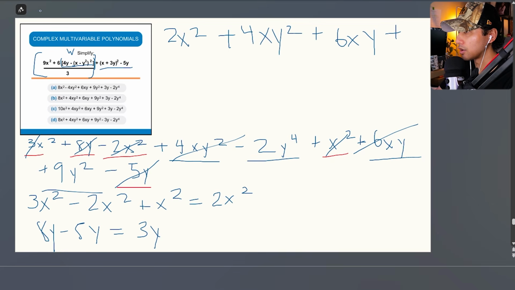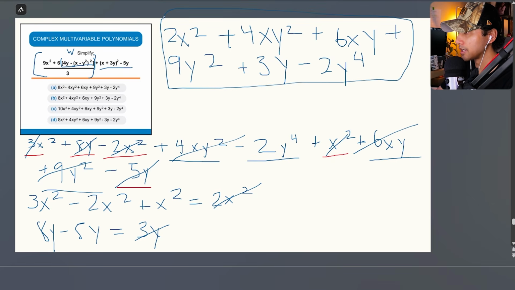Plus 9y squared. Plus 3y. Yes and yes. And then minus 2y to the fourth. Okay? This is the actual answer, and it's not part of the answer choices.